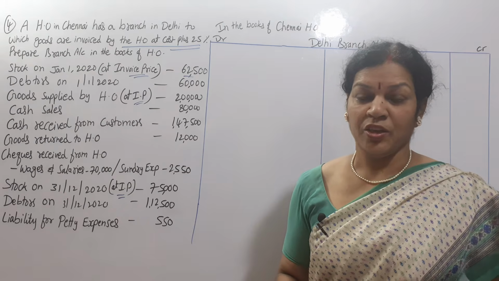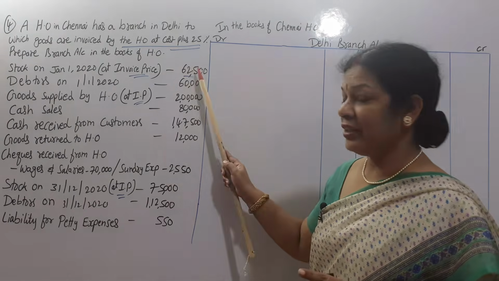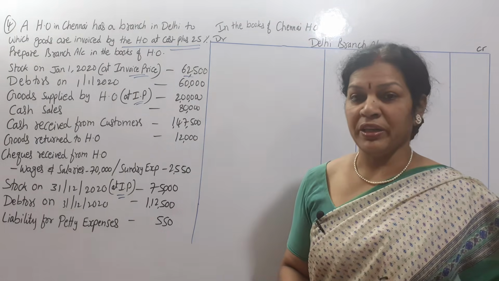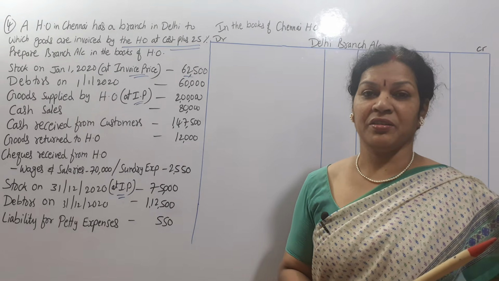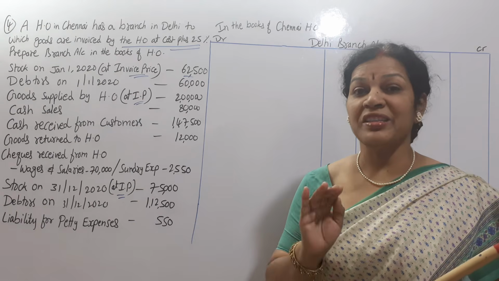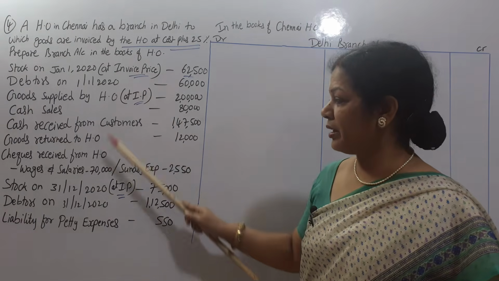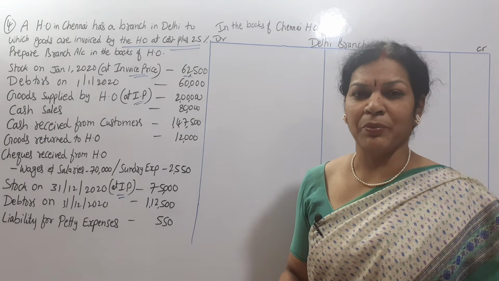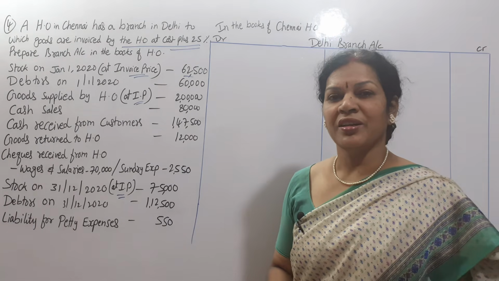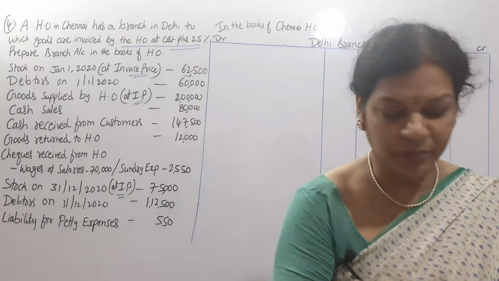To remove that amount, we will be calculating 25 by 125 on this amount, and on the opposite side we are going to write it. Opening stock and closing stock we will call stock reserve. While working out the problem, you will have more understanding. Just focus. We'll start working out this problem.